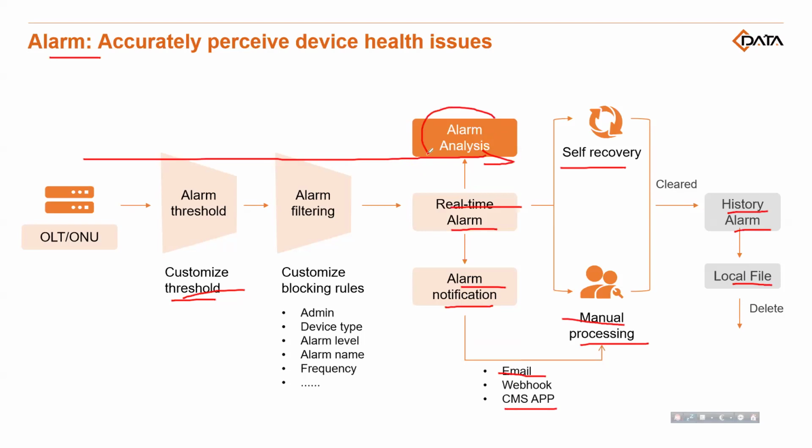About alarm analysis. As time goes by, there are so many alarms. Maybe you will get lost in them. So you are not sure which alarm should be processed in time. So based on real-time alarms, we generate some useful information for you.